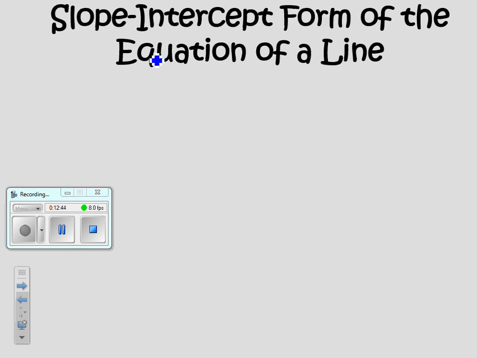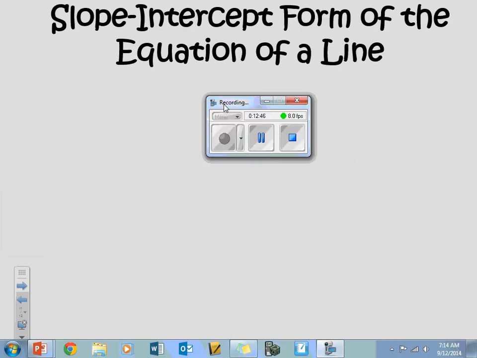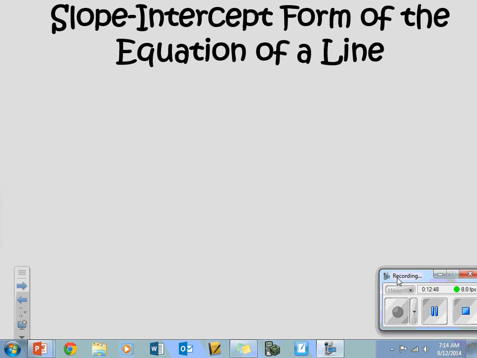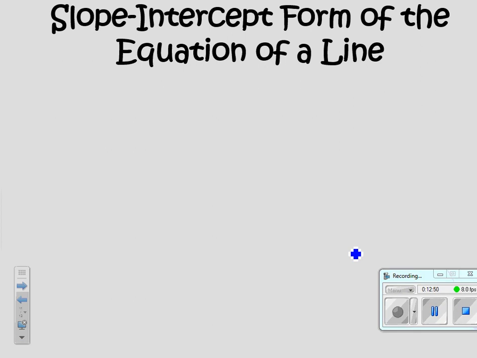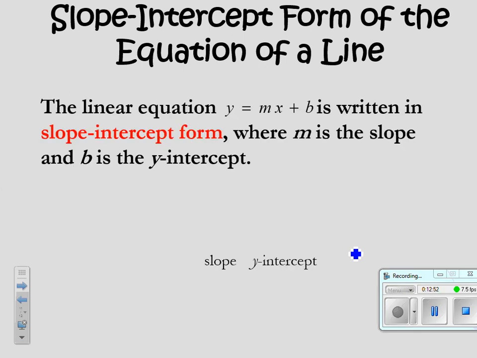Okay, now you also need to know about the slope-intercept form. Slope-intercept form is y equals mx plus b, where m is the slope and b is the y-intercept.